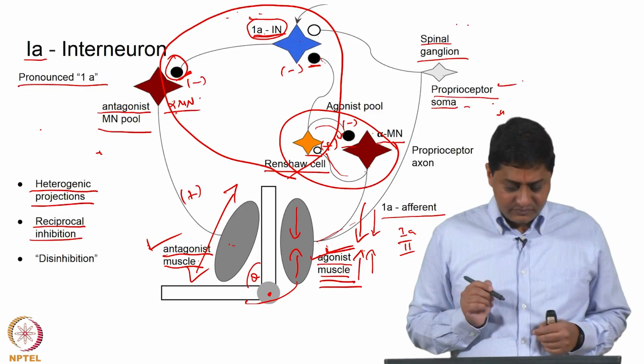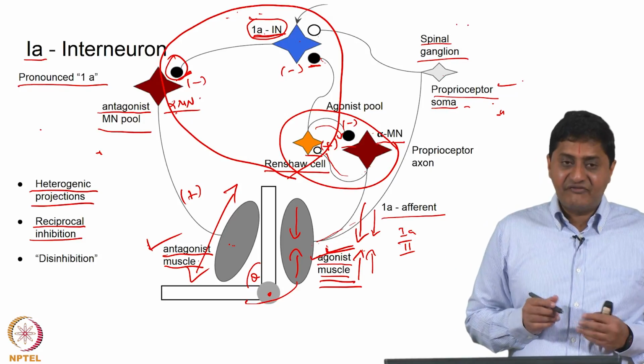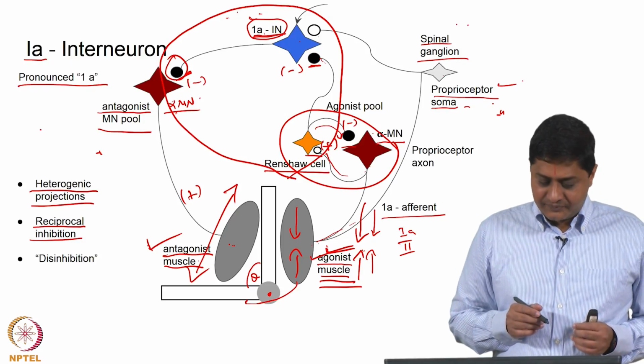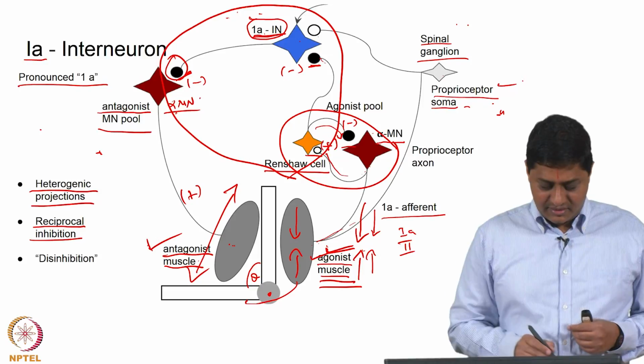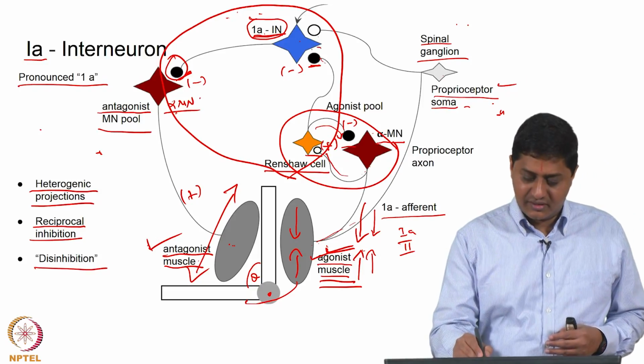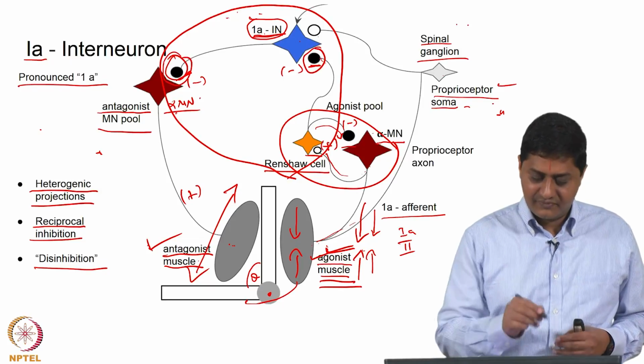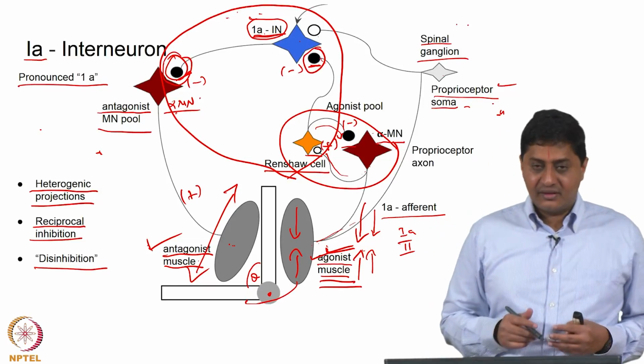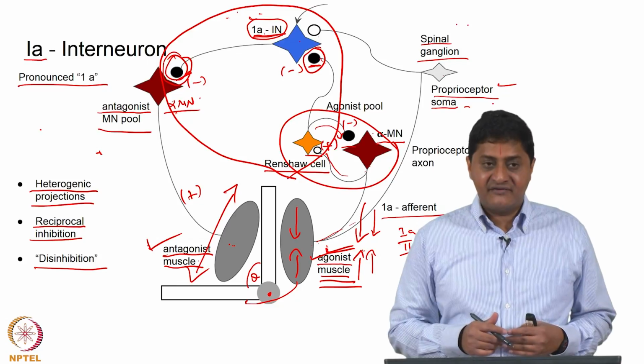These are two. The third is a different case in which there is an inhibition of inhibition, and these two are provided through the activation of the Renshaw cell.